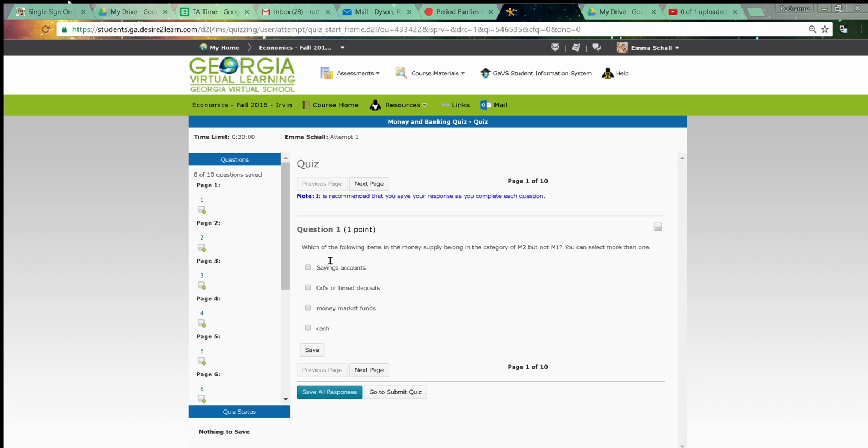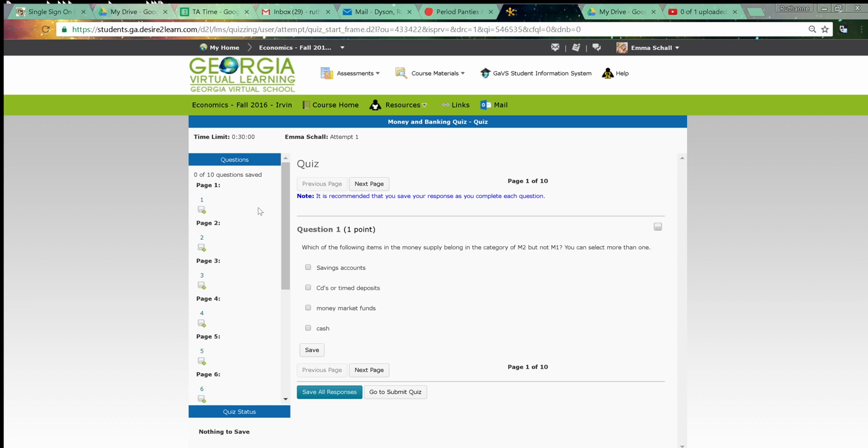So M1 is basically physical money and cash equivalents. So they say checking accounts and demand deposits. So checking account meaning that it has a record of the money being in there, but it's not actually technically there because you deposit it and your bank is using the physical money for something else. But if you wanted it, then you could easily get it.